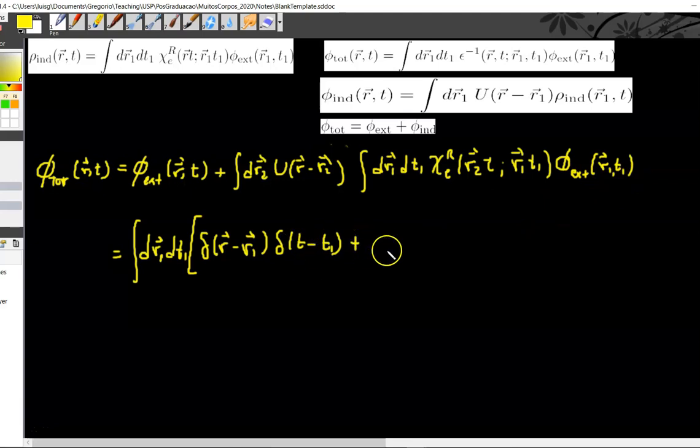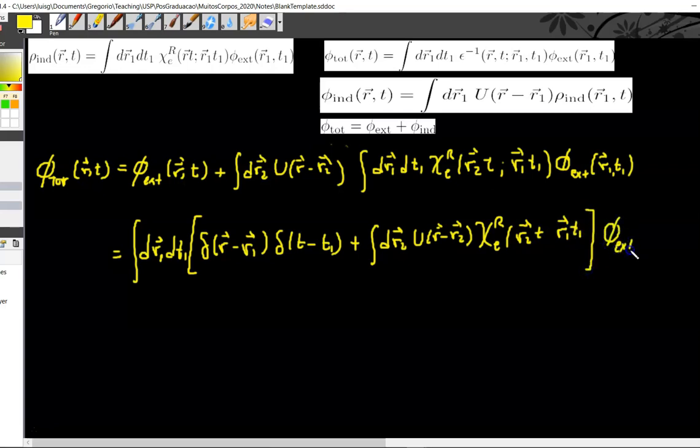Then I'm going to have the integral dr2 u(r minus r2) times the correlation function at r2 t, r1 t1, and all of this is multiplied by phi external of r1 t1.